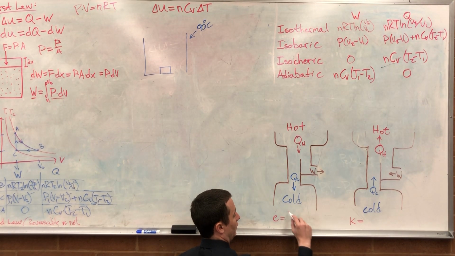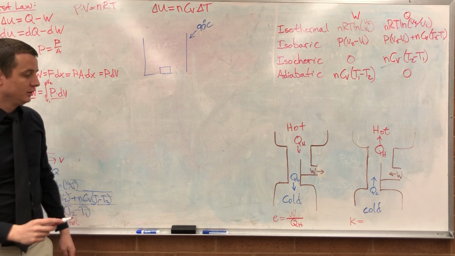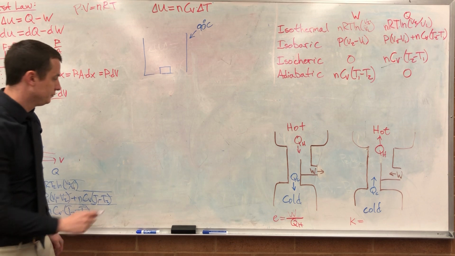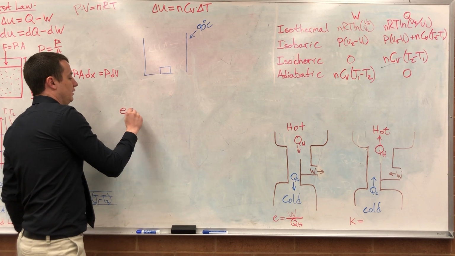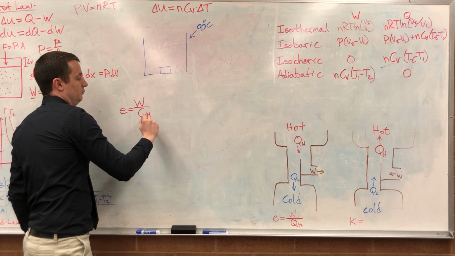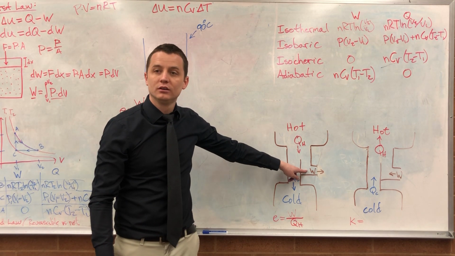E is just work divided by the heat going into the system. E for efficiency, not E the number. So if E is equal to work over heat coming into the system, we can also calculate work.